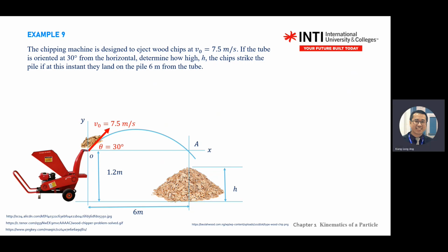You're given A, B, and C. So what is the answer for tan 30? A over B.